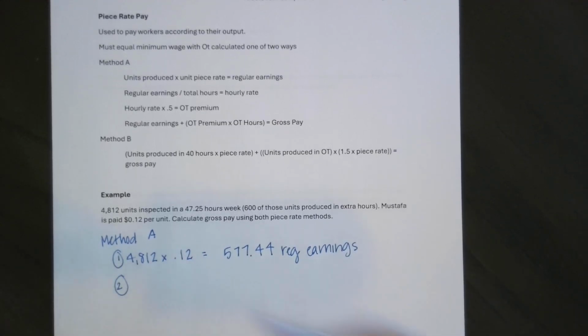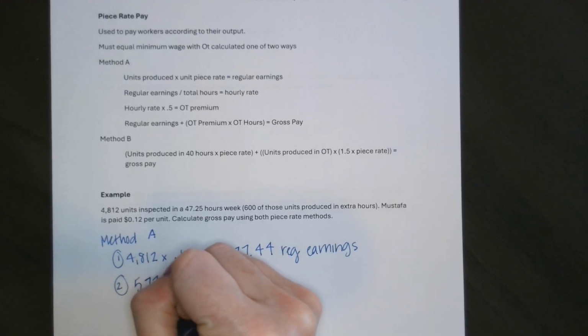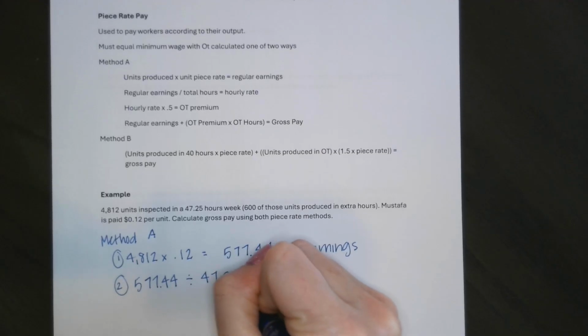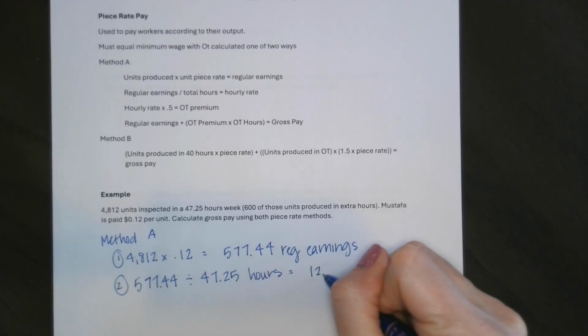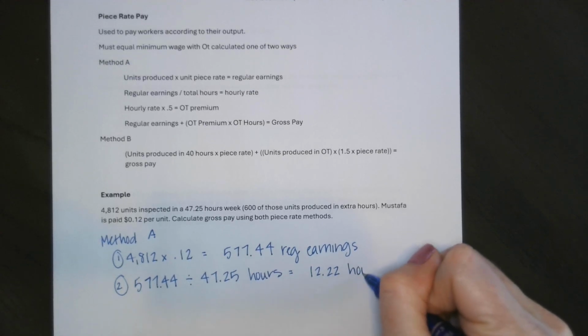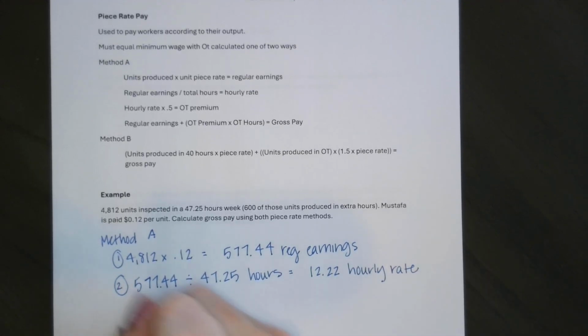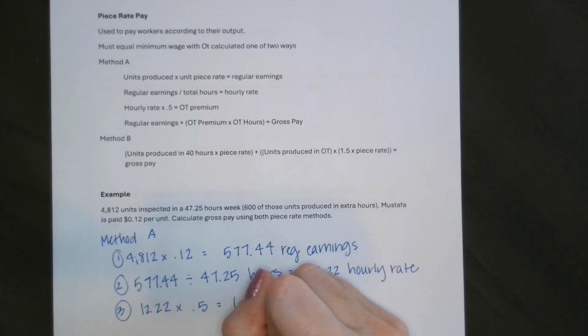In step 2, we take that $577.44, divide it by 47.25 hours. That gives us $12.22 per hour. Then we take that hourly rate, $12.22 times 0.5 to get the overtime premium, which is $6.11.